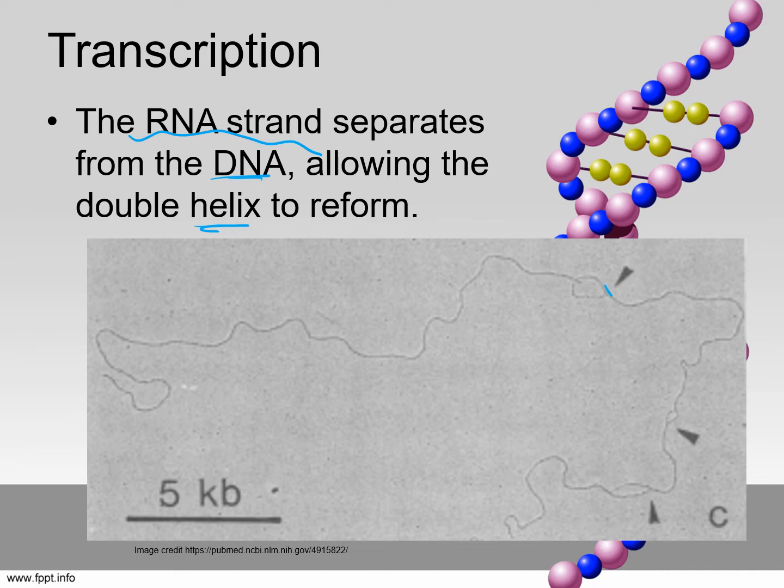So we opened up the DNA so that we could make some RNA. Here, that DNA has closed back up. And so that double helix reforms after polymerase has done its stuff, and that RNA strand has released from the DNA strand. And you can see that that's actually going on at a couple different places in the picture.